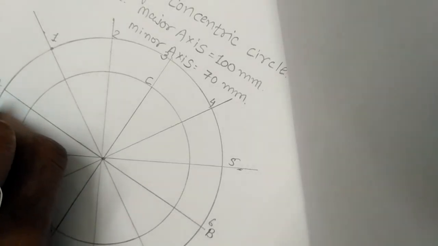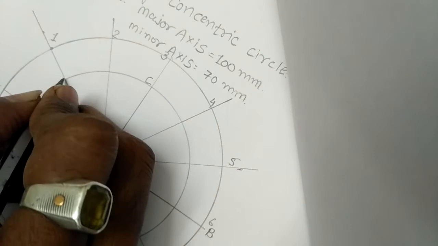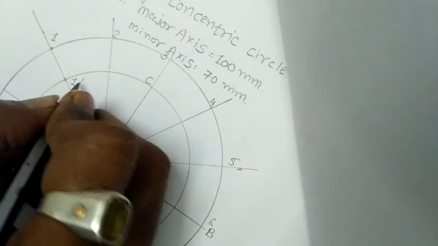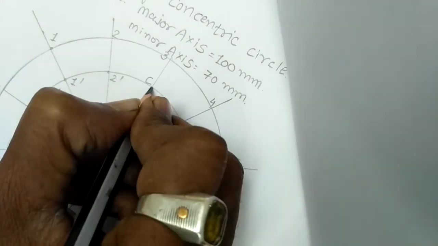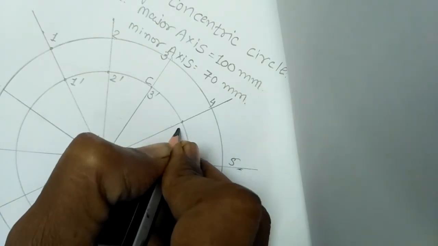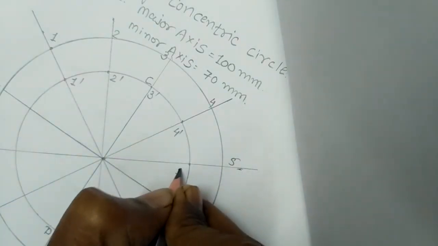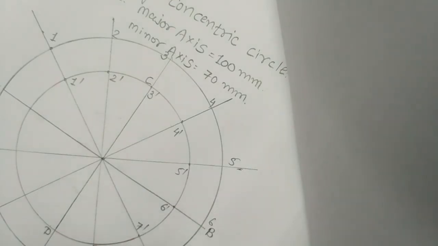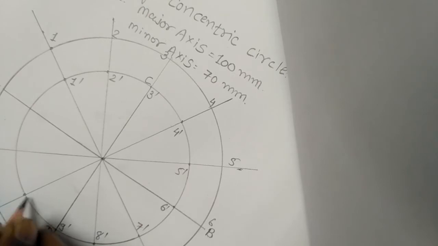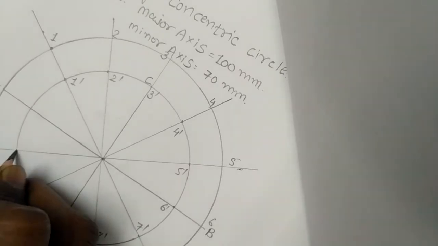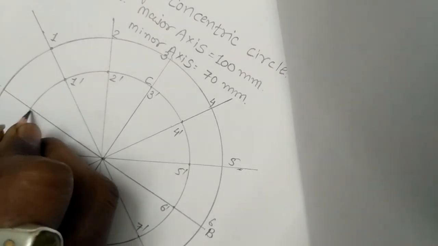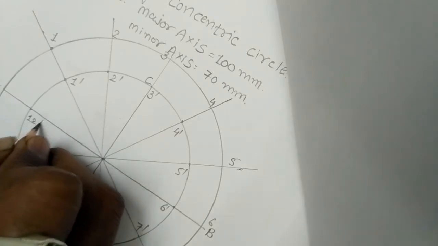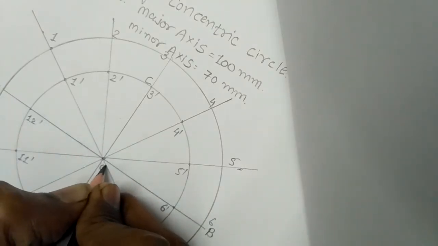Now on the inner circle I will mark 1 dash, 2 dash, 3 dash, 4 dash, 5 dash, 6 dash, 7 dash, 8 dash, 9 dash, 10 dash, 11 dash and 12 dash. This one is the center O.